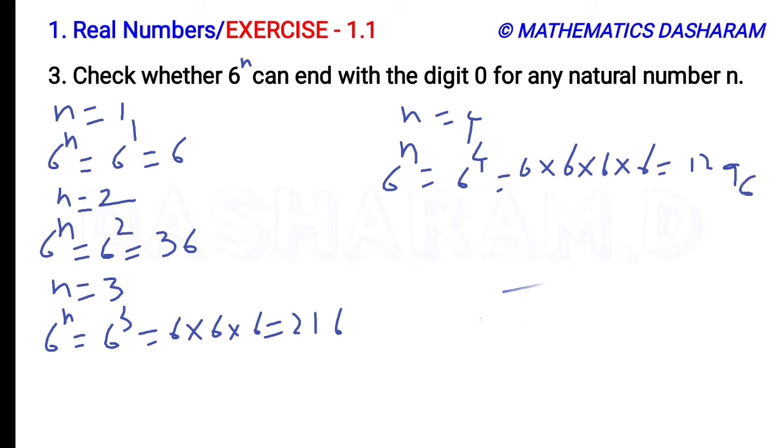So if you continue this process, once you observe all the answers, here the answer is ending with 6, here ending with 6, here also ending with 6, here also. So if you continue this process by taking different natural numbers, definitely 6 to the power of n ends with 6 but not with the digit 0.